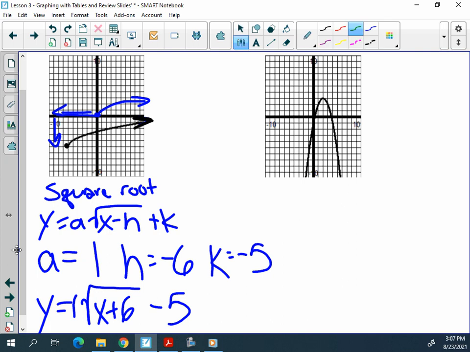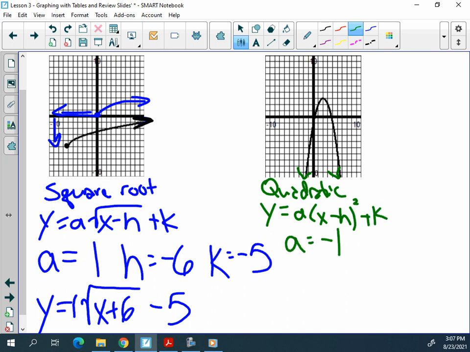And for our last problem, you should notice it's an upside down parabola. Okay, so we know it's a quadratic. So y equals a times x minus h squared plus k. Our a value, we're going to assume it's -1. We can't figure out what number other than +1 or -1 is. And then h, we've moved to the right 2 units, so h is 2.